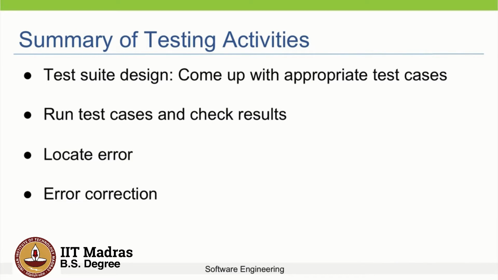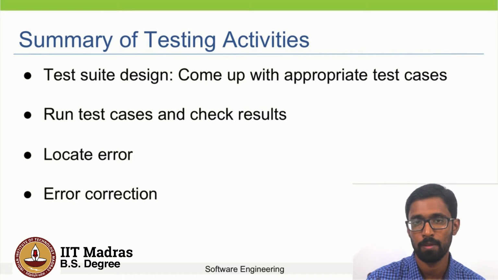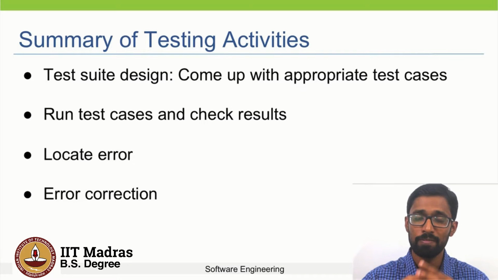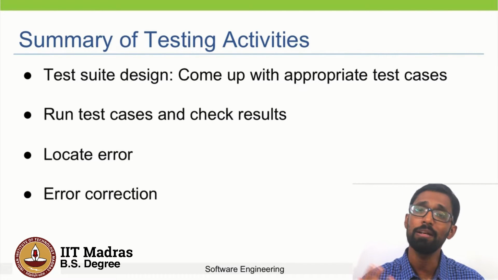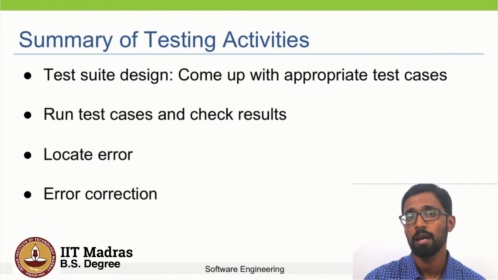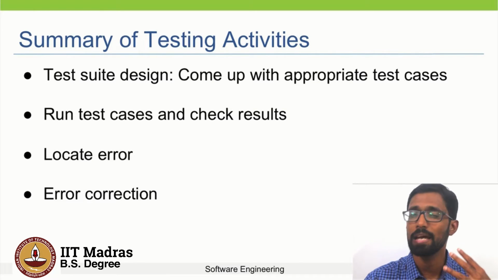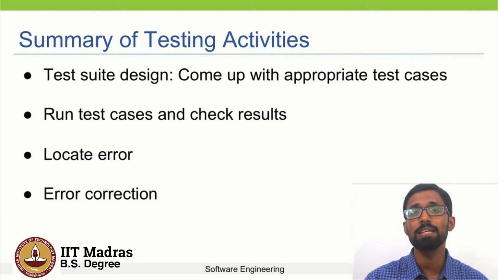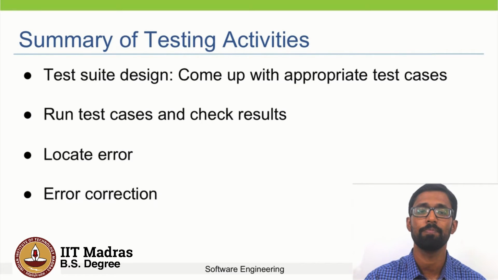So let's look at a summary of what all activities are involved in testing. So first, we have the test suite design. That is, we come up with appropriate test cases. And how do we do that? We will look at that soon. And then we run test cases and check results, right? So each test case is run and the results are compared with the expected results.